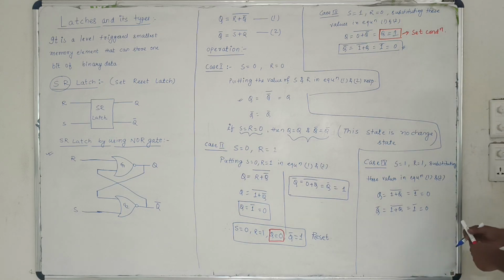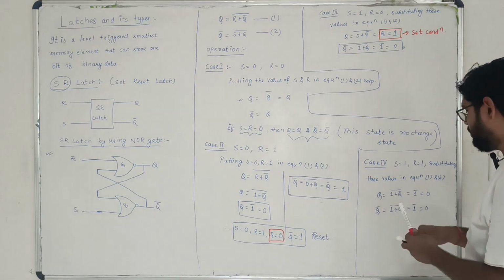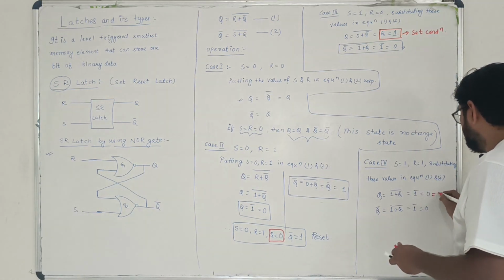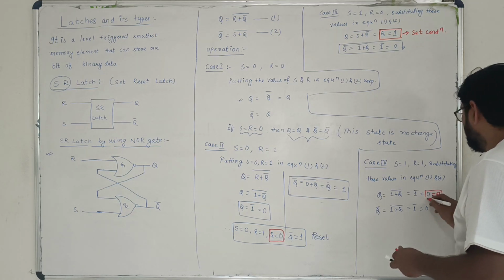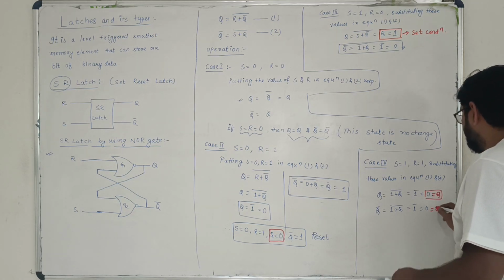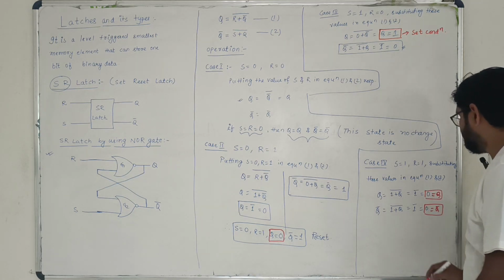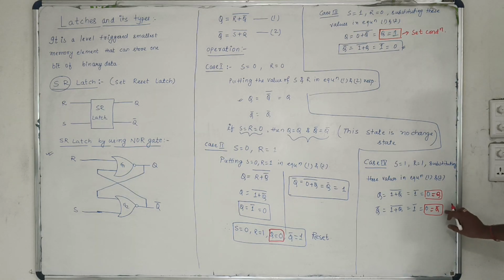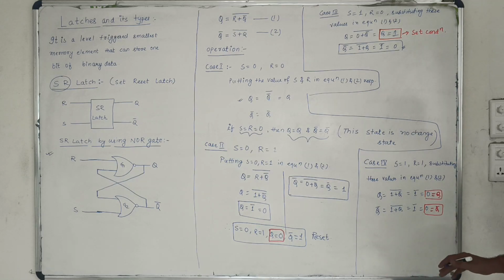So you can clearly see that Q is also coming out to be 0, and Q bar is also coming out as 0, isn't it? Now this is not possible at all. Getting the same value for the complemented state and uncomplemented state is a false thing.